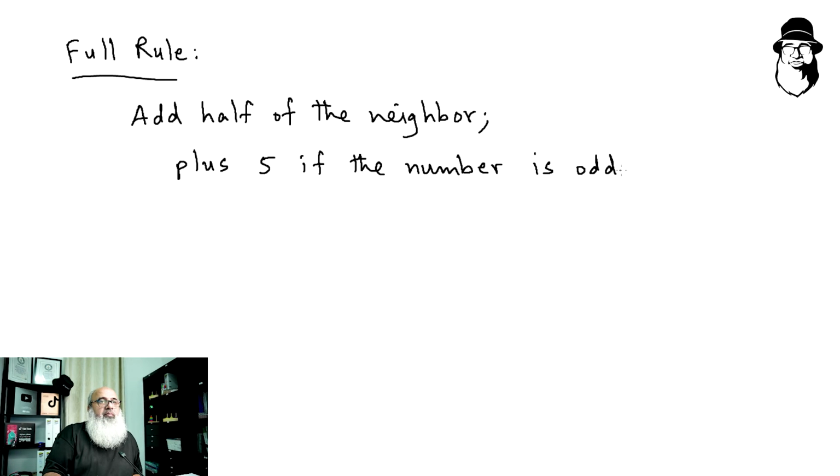Now remember here, this is the full rule of multiplying by 6. Now remember here, we are talking about the number. If the number is odd, not the neighbor. Be careful here.